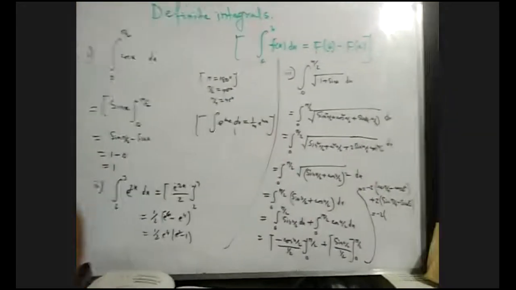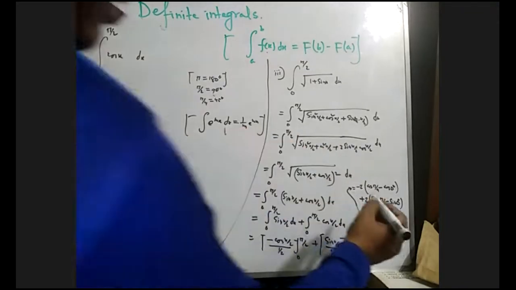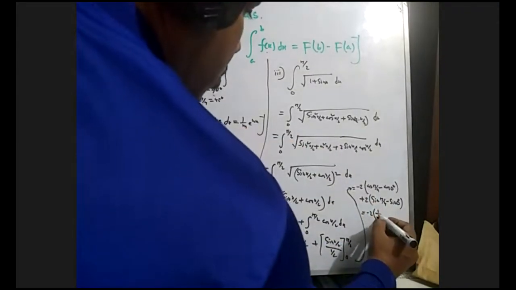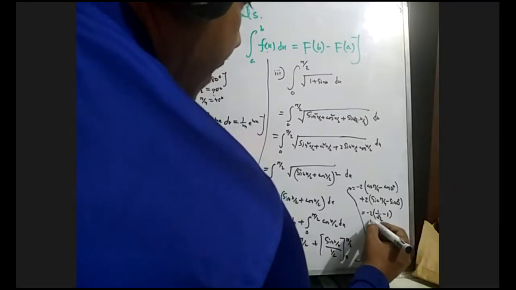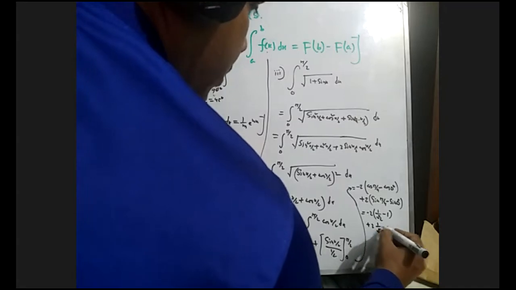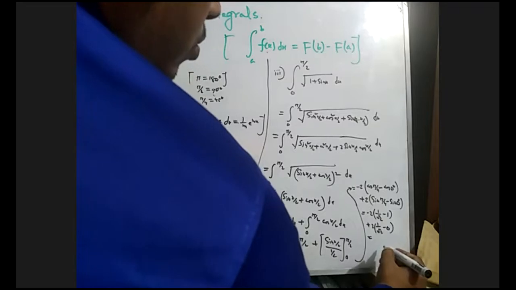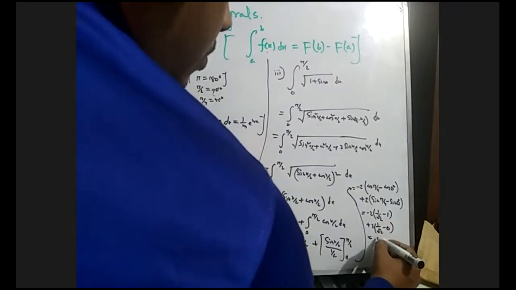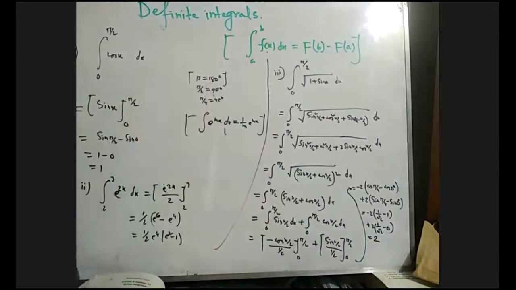What is cos 45 degree? 1 by root over 2, minus 1, plus 2 times 1 by root over 2 minus 0. So 2 by root over 2 and 2 by root over 2 will be cancelled. So minus 2 times minus 1, multiply what? Only 2. This is the result, 2. This integral value will give us only 2.